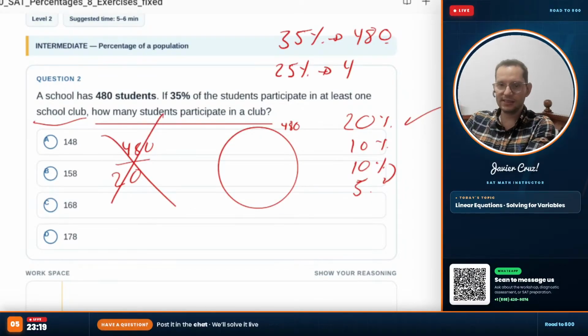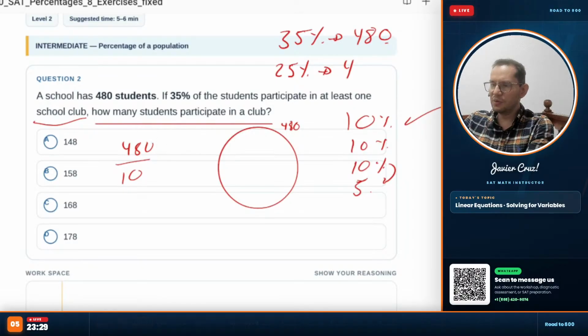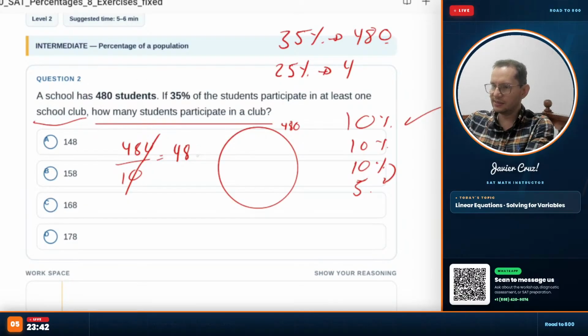No, that's not the concept. That just occurs with 10%. Okay? So the best news here is that we could divide this number by 10. We could cancel the number 0, and then we get 48 students, right?